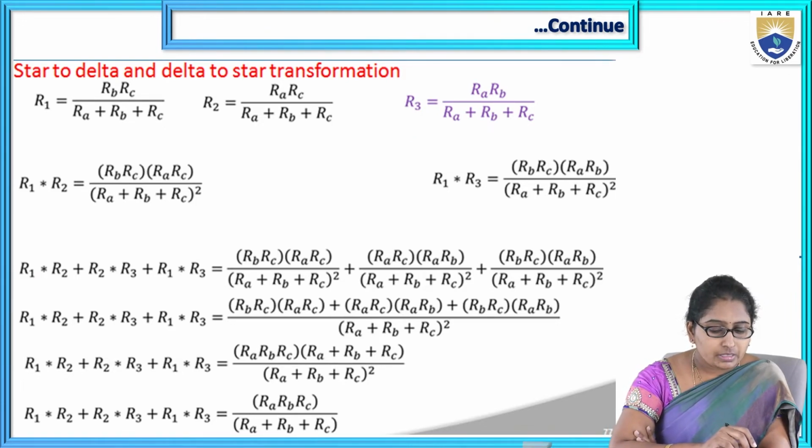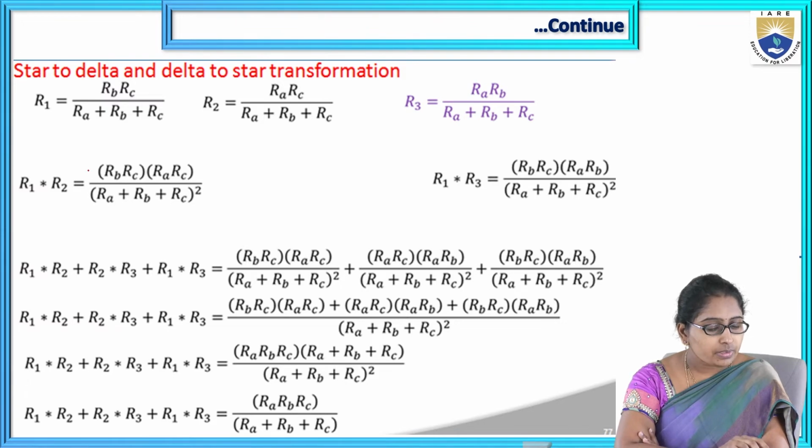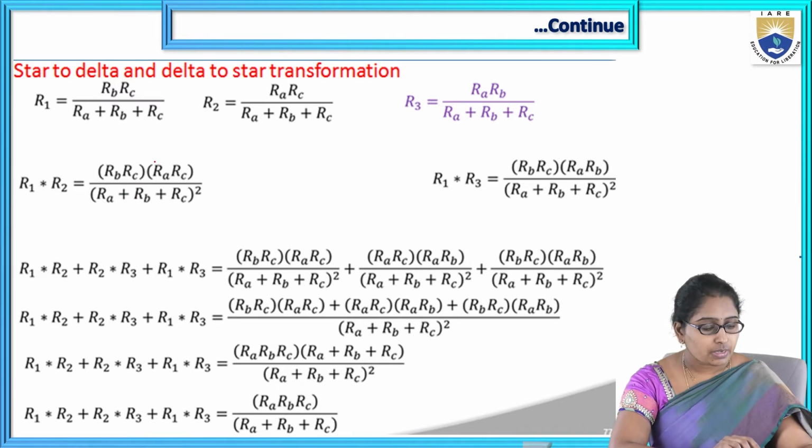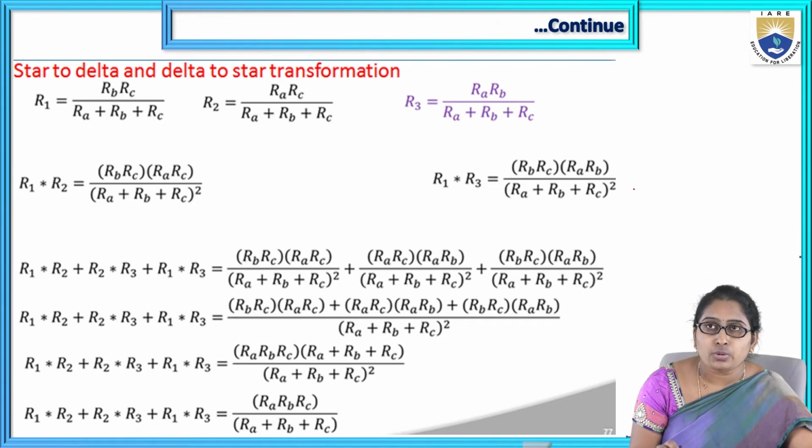Now simply multiply R1 and R2. We get RB RC into RA RC over RA plus RB plus RC whole square. Similarly, take the R1 R3 multiplication also; we get RB RC into RA RB over RA plus RB plus RC whole square.